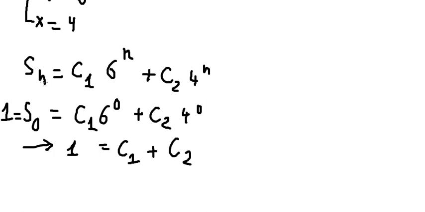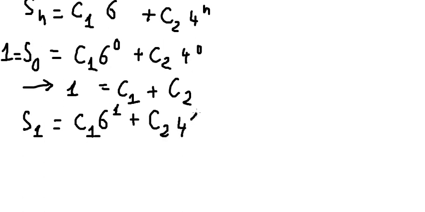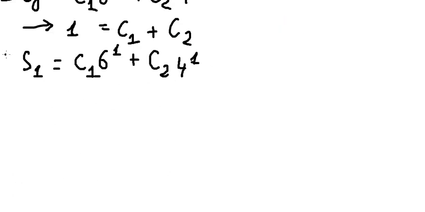Then I will put n equals to number 1, so we have it like this, and h number 1 is number 0 in here. So we simplify and we have it like this.